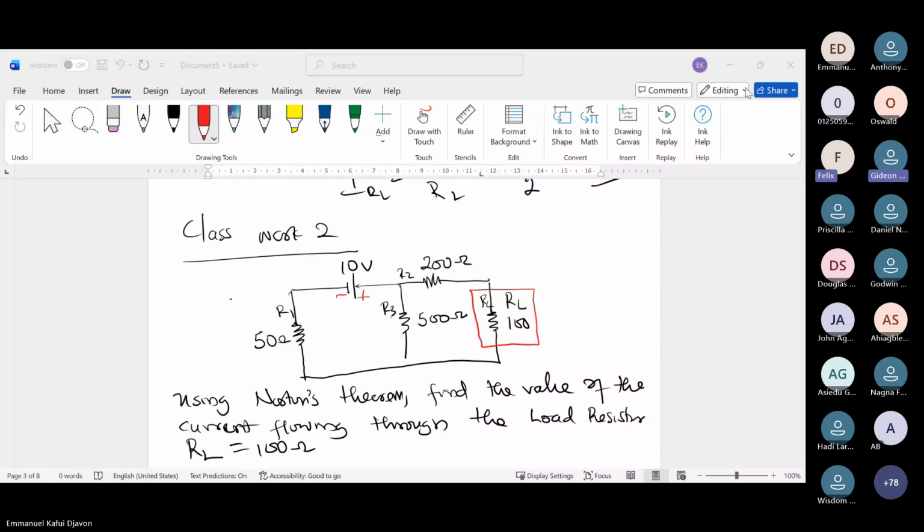The V is 10. And the R is 192.86. So let's punch that one on the calculator and see what we'll get.